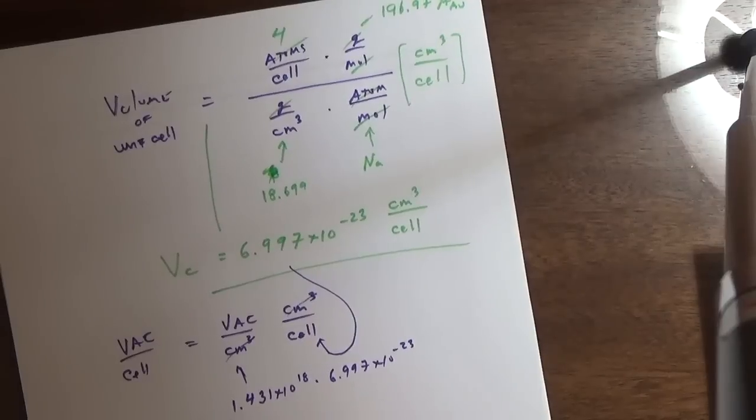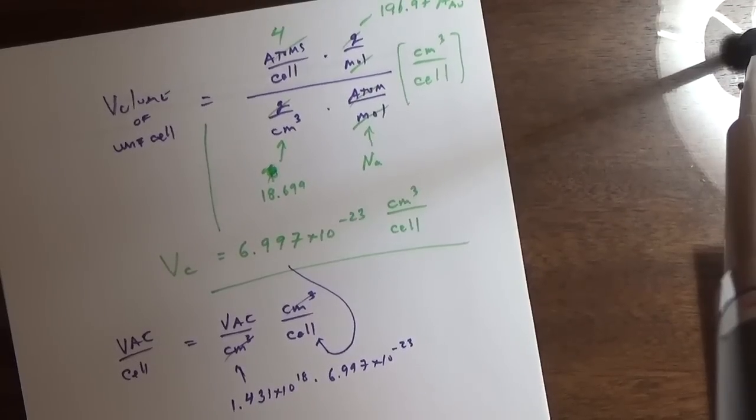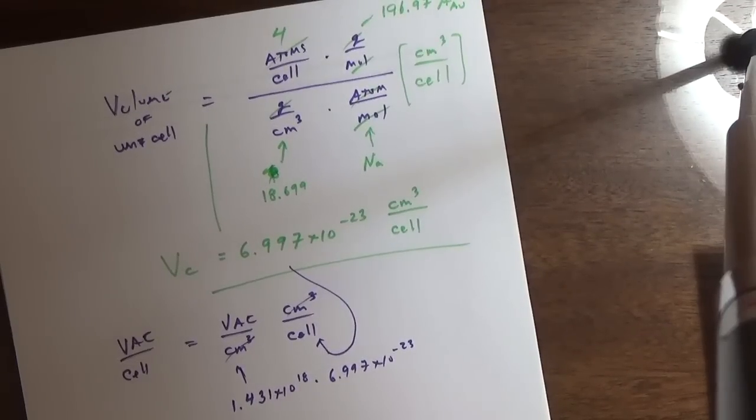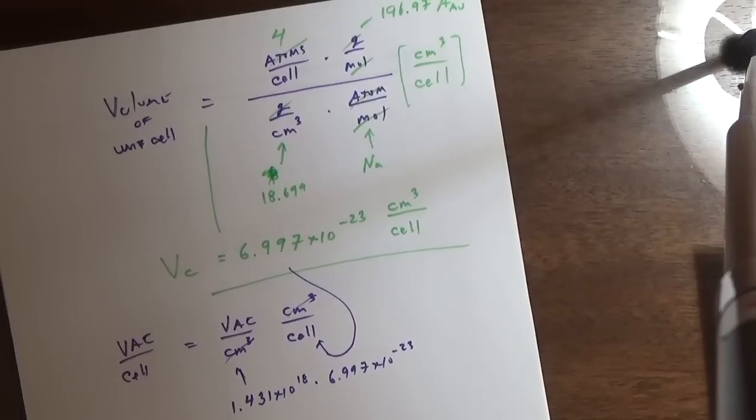Vacancy per cell is 1.001 times 10 to the minus 4.